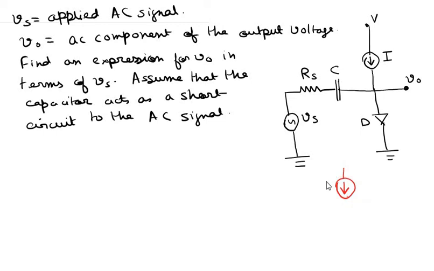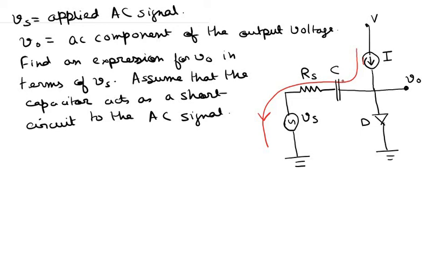Now in this problem, first of all note one thing, that this current source is basically a DC current source. And this DC current cannot flow through this capacitor because the capacitor cannot conduct a DC current.